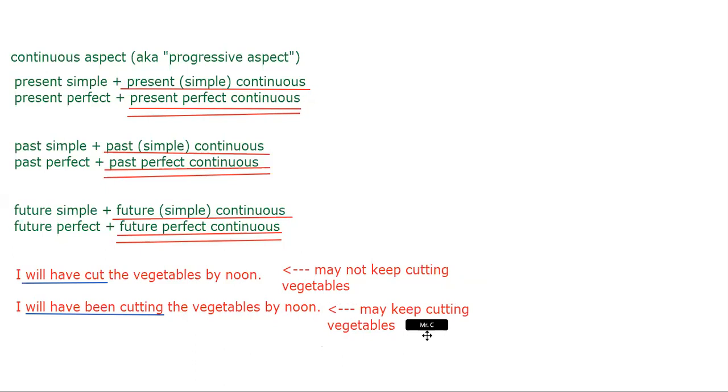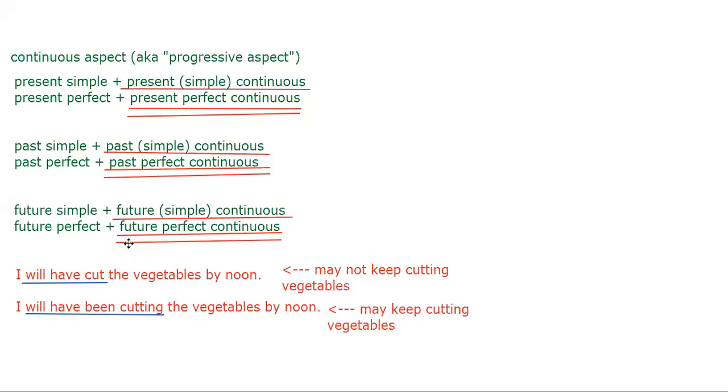Okay, so the first example here, the future perfect, has the implication that you might not keep cutting the vegetables. But the second example, the future perfect continuous, implies that you might keep cutting the vegetables. So the second one makes it more likely that you'll keep performing an action. That's the difference between the perfect continuous and the perfect by itself.